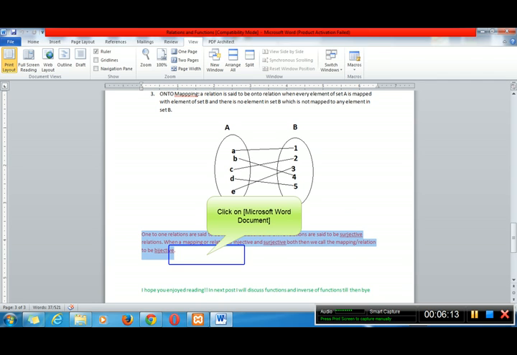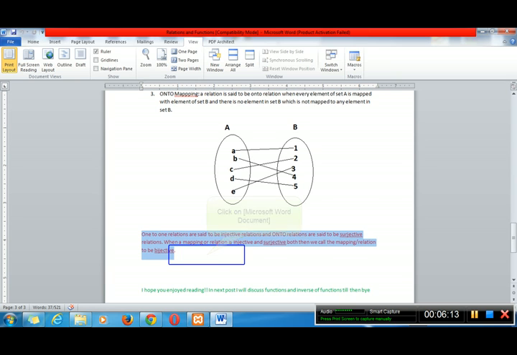Okay, surjective relationship. When a relationship is onto, we give it another name, surjective. And when a relationship is one to one, we call that relationship an injective relationship. These two names are synonyms for onto and one to one respectively.